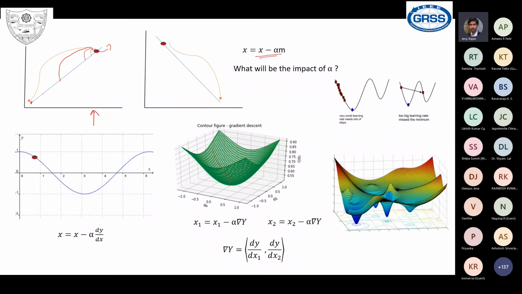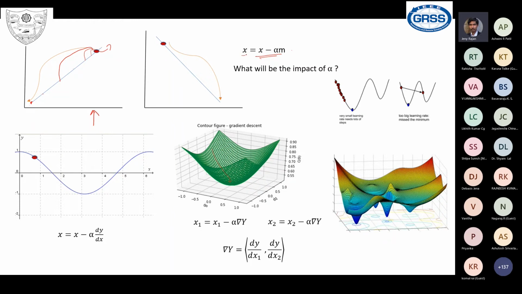You have to select it based on some kind of heuristics. If you take a very small step size, it will take time for us to reach here. If you take a large step size, then you may overshoot it. But what we have to do is move against the slope, and we are going to do it with this equation.